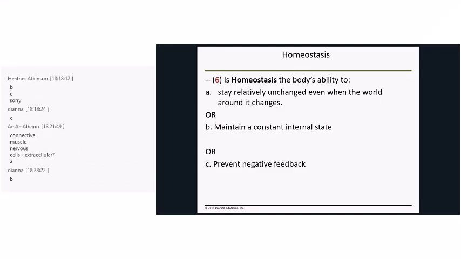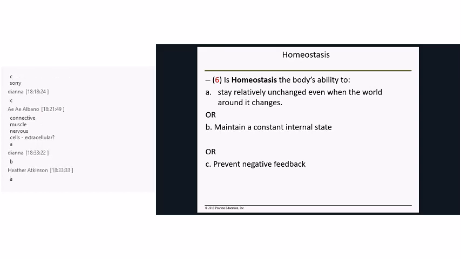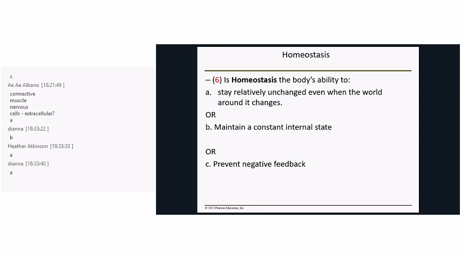So it is very common to go toward B, but if you think about something like body temperature, are we always exactly at 36 degrees Celsius? Not usually, right? Our body temperature will still fluctuate some. So what they do is they call it being relatively unchanged. Even if I go outside right now and it's 10 below, my body temperature is not going to become 10 below unless I died, but it will fluctuate slightly.